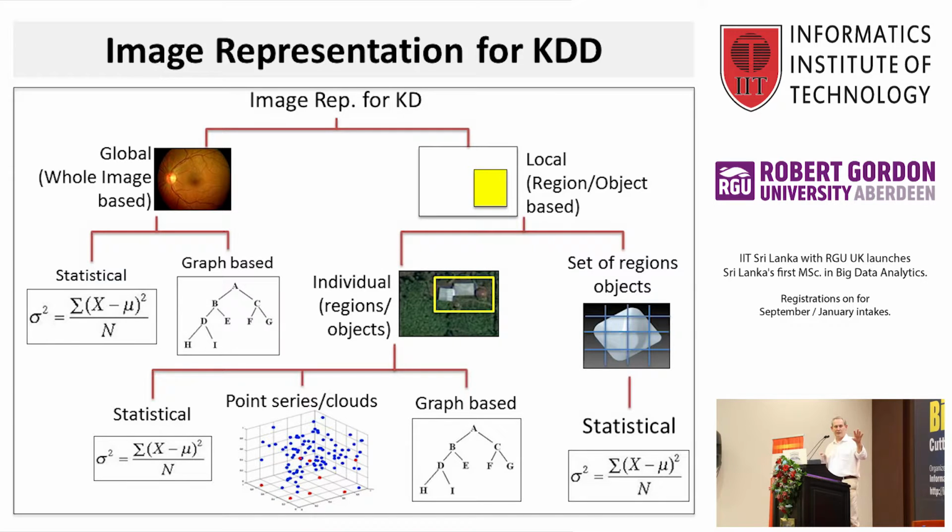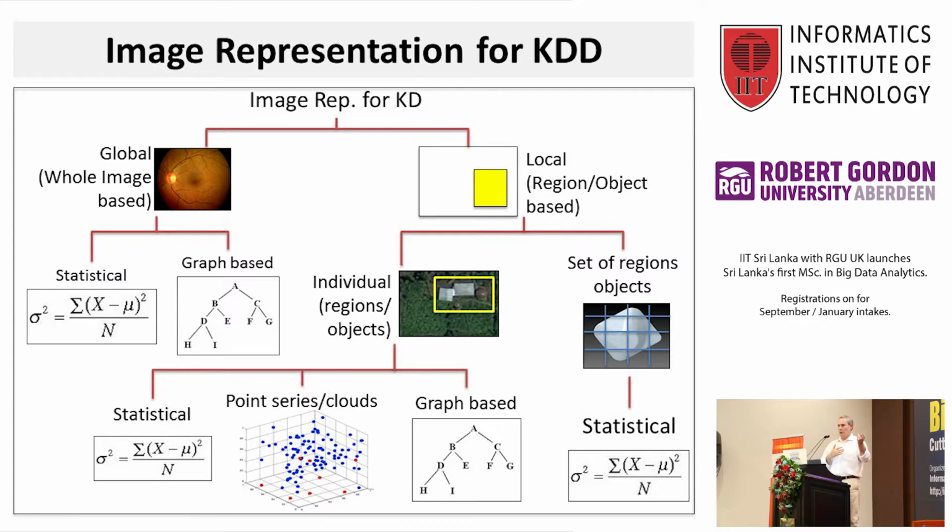On the left-hand side there, I've got a Google Map image. On the right-hand side, I've got a bit of one of the shapes that we looked at in the video. And then further down there, I've got different representations: statistical, point series, graph, and again statistical features. I'm going to look at each of these in a bit more detail.